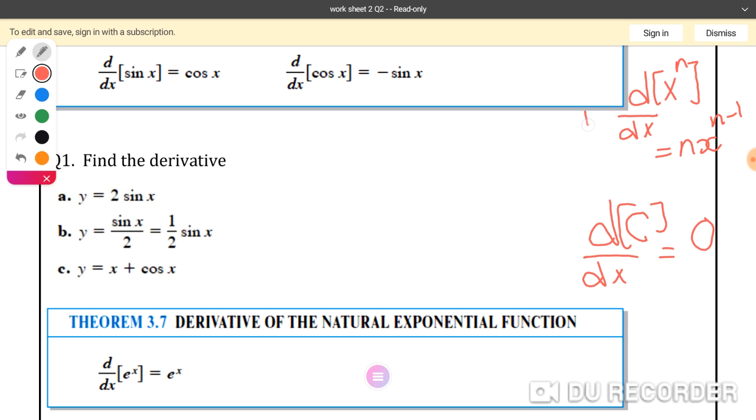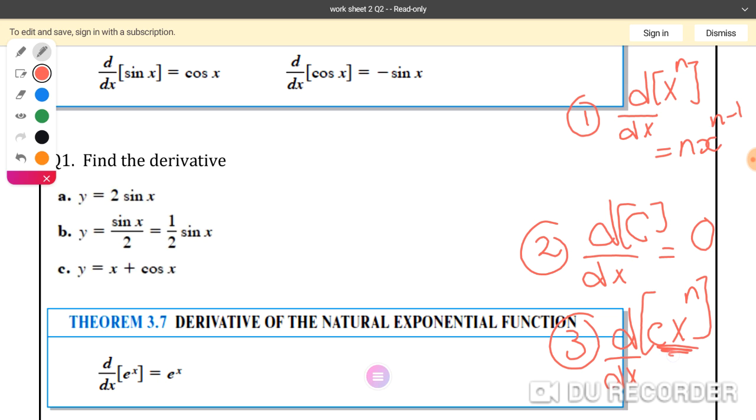That is the first rule, and the second rule, the third one. The derivative of any constant multiplied by x to the power n with respect to x: I multiply this constant by the derivative of x to the power n, which is n x to the power n minus 1.